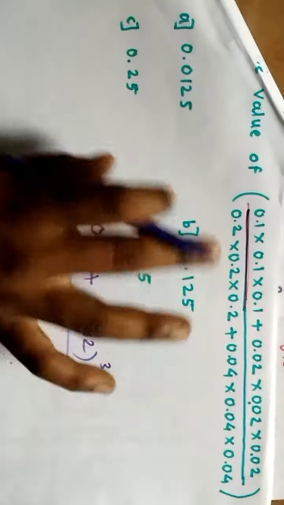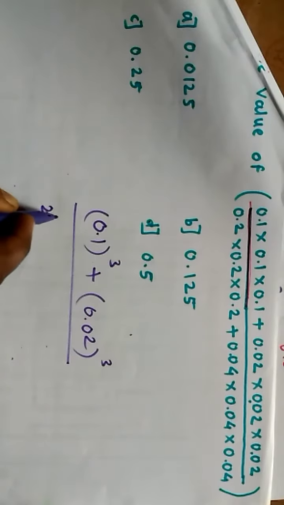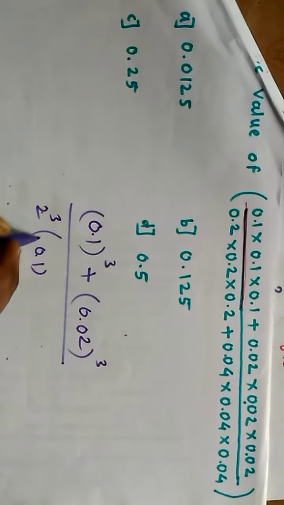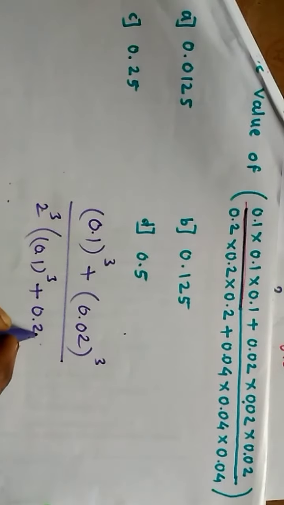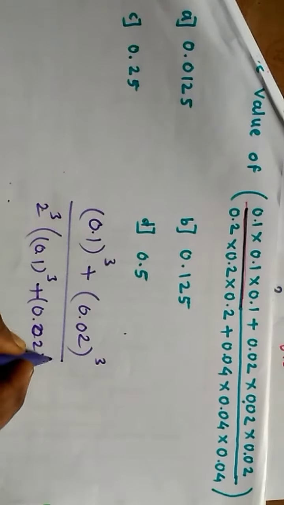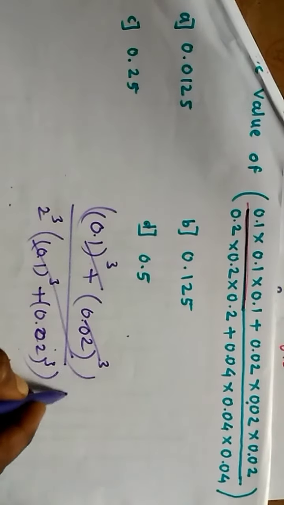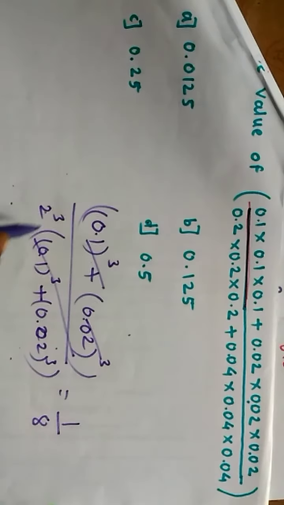So when we observe, this is double of this, this is double of this, so we take 2 raised to 3 as common, and 0.1 raised to 3 plus 0.02 raised to 3. So this cancels. Okay, this becomes 1.